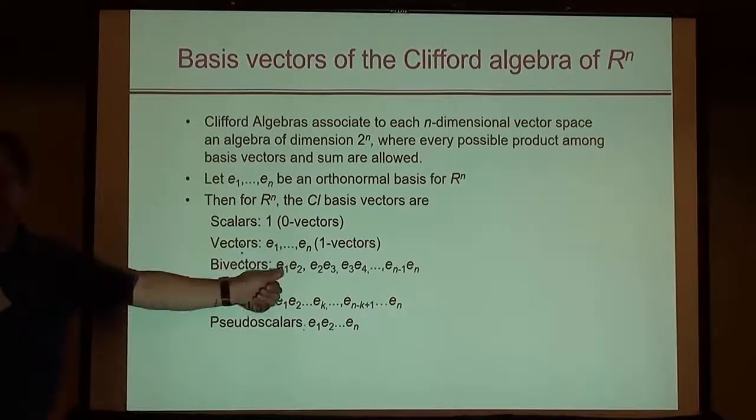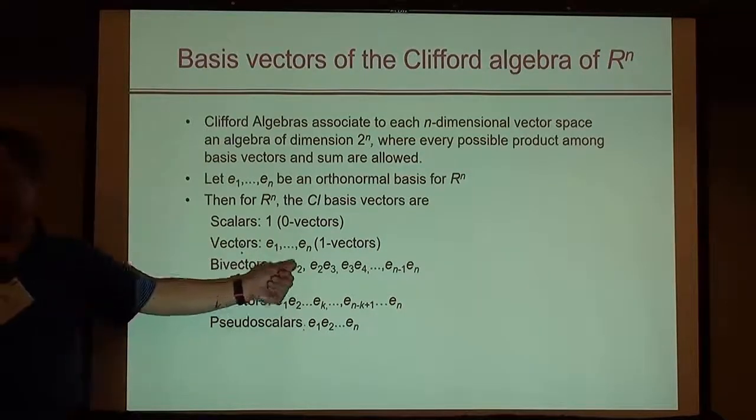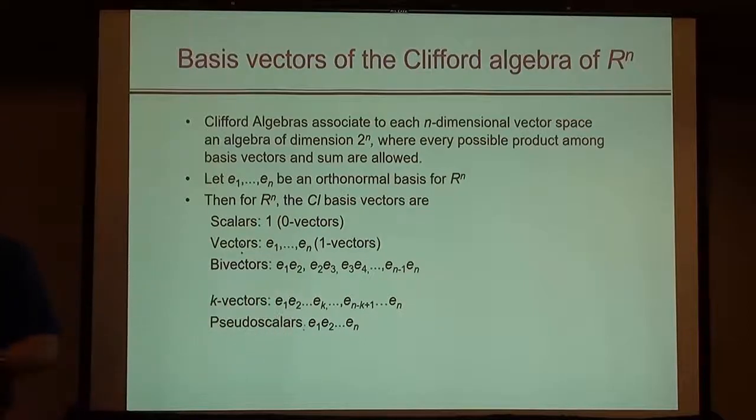Then we have bivectors. So what is a bivector? If you look at space, you have points, you have lines, you have planes, right? So bivectors represent lines, and then trivectors represent the planes, etc. So we have an algebra of geometric entities: points, lines, planes, hyperplanes, and all this stuff.